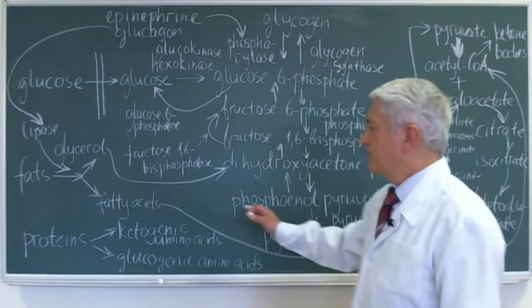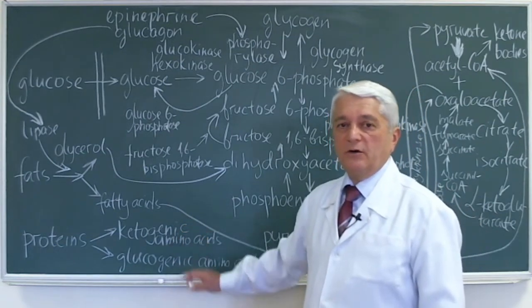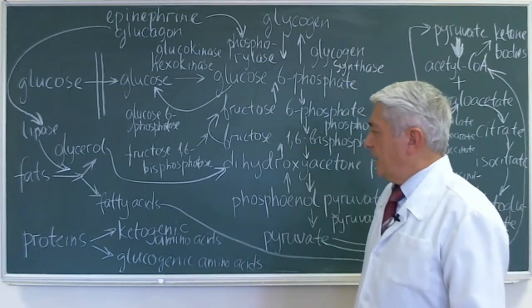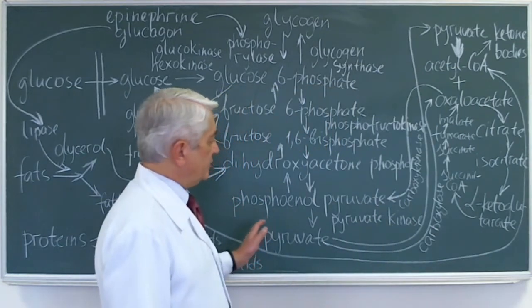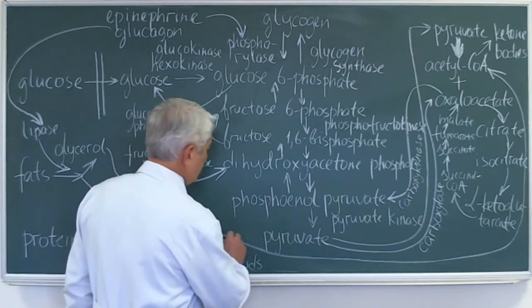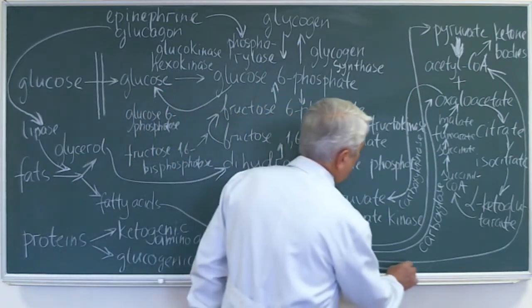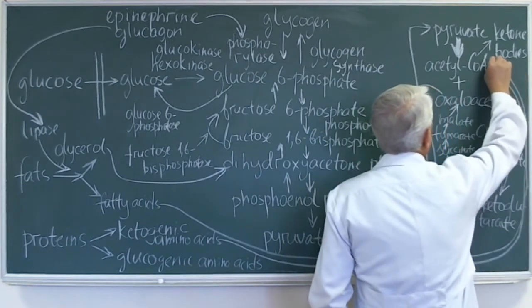All other amino acids are either ketogenic or glucogenic. And ketogenic amino acids can produce acetylcoenzyme A. Let's make this arrow.